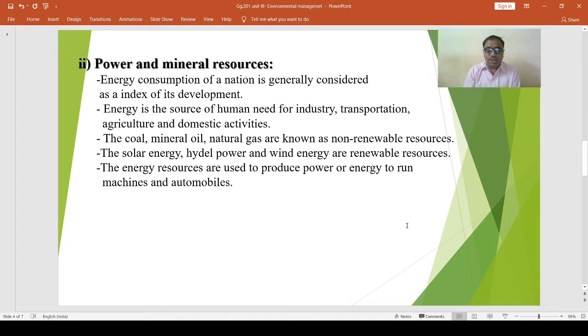Growing energy needs. The energy utilization of a human population is being increased rapidly, so it requires exploitation of most energy sources.